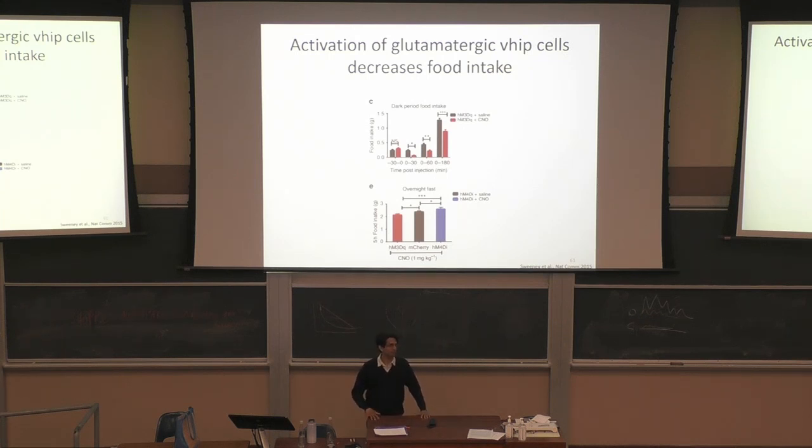But it could be that there's some subset that if you excite just that small subset, it causes eating. But these two results taken together indicate ghrelin is not just exciting most cells strongly in the ventral hippocampus, because that manipulation is exciting most cells strongly chemogenetically, and that causes less feeding. So you see there's this interesting dynamic where different manipulations of the same brain region can cause very different behaviors.